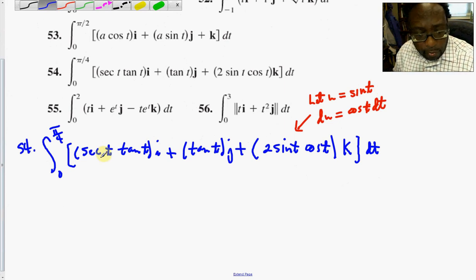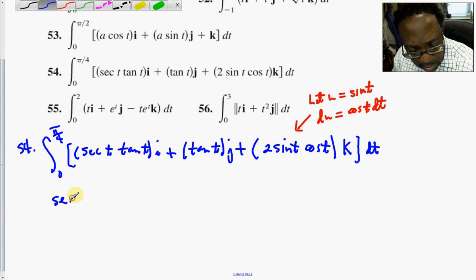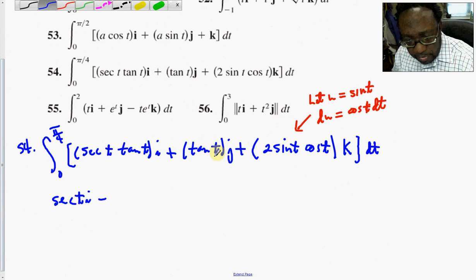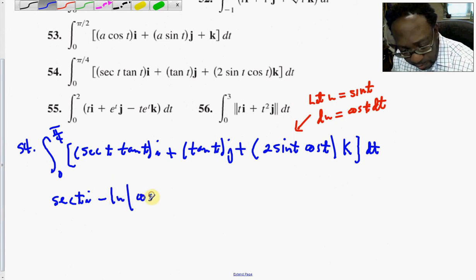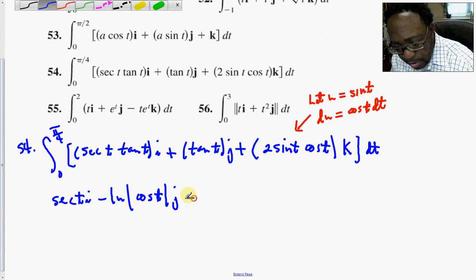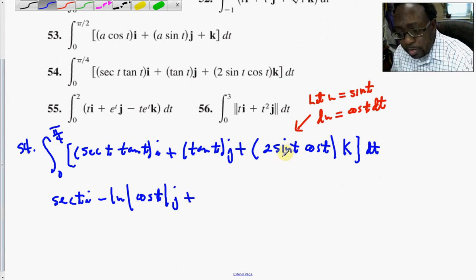So for the integral of secant tangent, we just get secant t i. The integral of tangent t is negative natural log of the absolute value of cosine t j. Then over here we use a u du substitution.